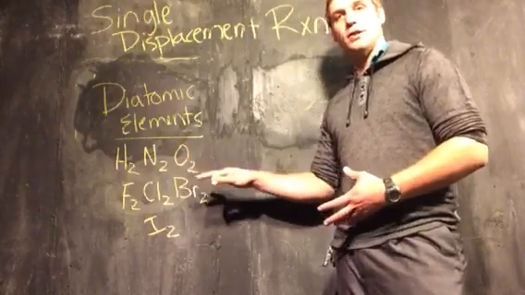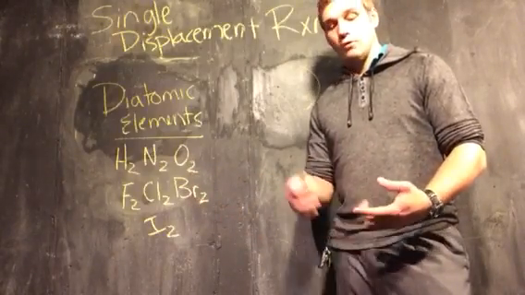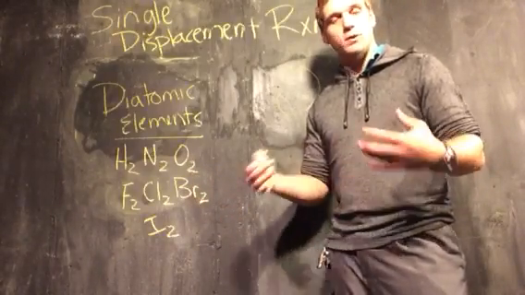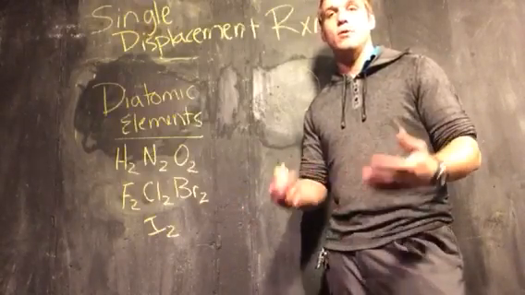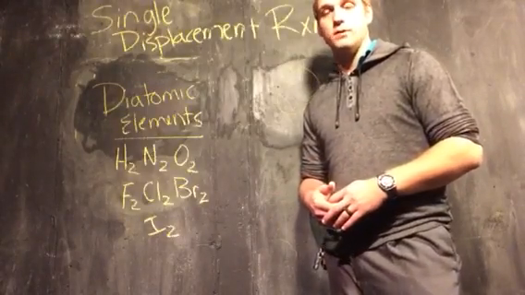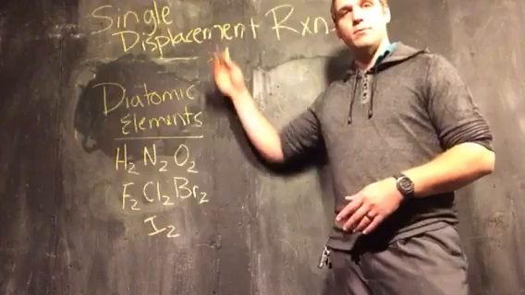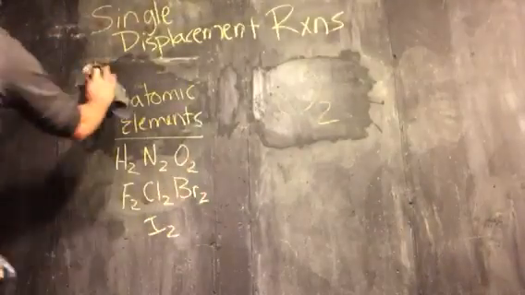So if I did not mention it as diatomic, that means that there's only one of them. So if we look at sodium, there's only going to be one sodium when it's by itself. When it's combined as a compound, there might be more than one, as we'll see when we crisscross. So let's get into a couple examples of single displacement reactions and go from there.